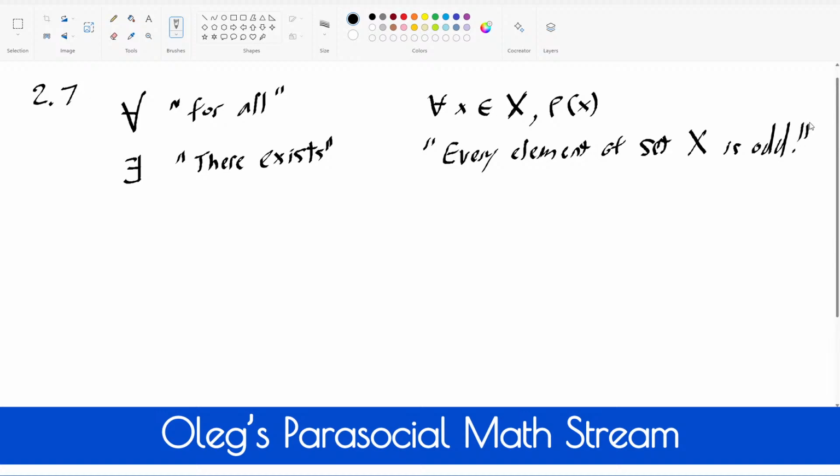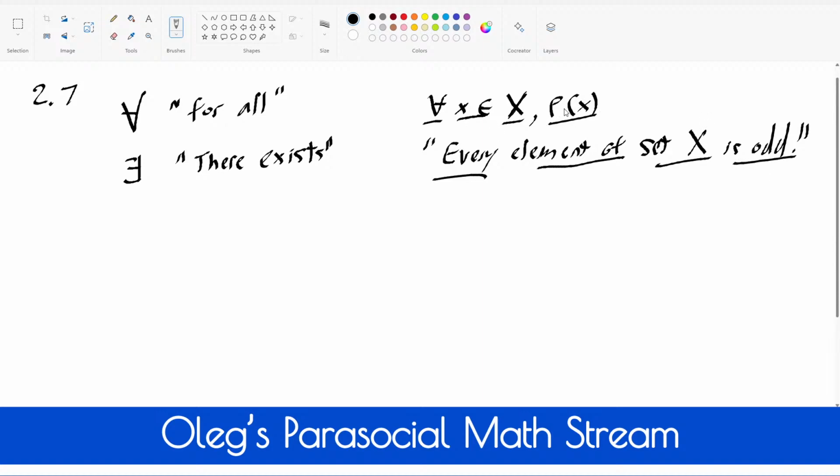Okay, so basically what we have here, let's read it. Every is right here, and an element, in this case, element contained in the set X, is right here, is odd.